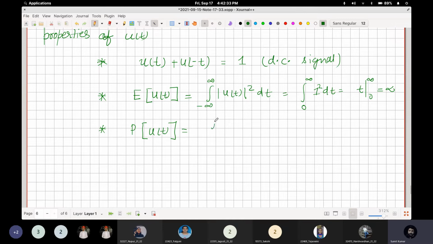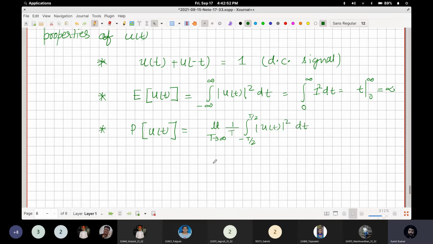You can write it like this: limit T tends to infinity, integral from -T/2 to T/2, with 1/T and |u(t)|² dt.